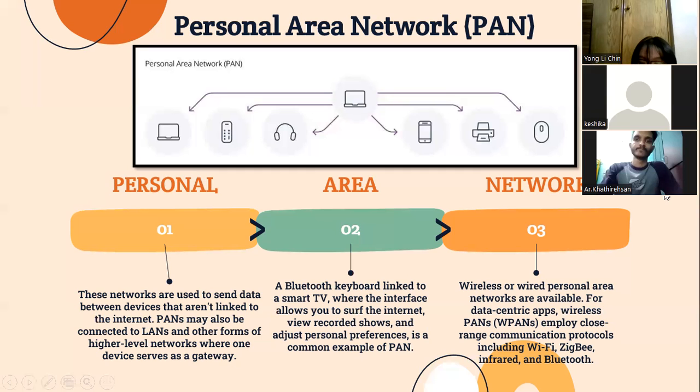Wireless or wired personal area networks are available for data-centric apps. A wireless PAN employs close-range communication protocols including Wi-Fi, ZigBee, infrared, and Bluetooth.